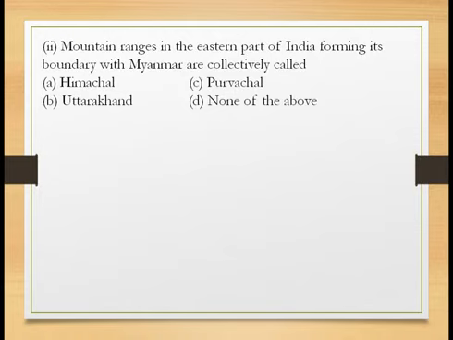Uttarakhand is a state, and Himachal is the second Himalaya range. Purvanchal is the correct answer. Purv means east direction. So the eastern part of India forming its boundary with Myanmar is collectively the Purvanchal.